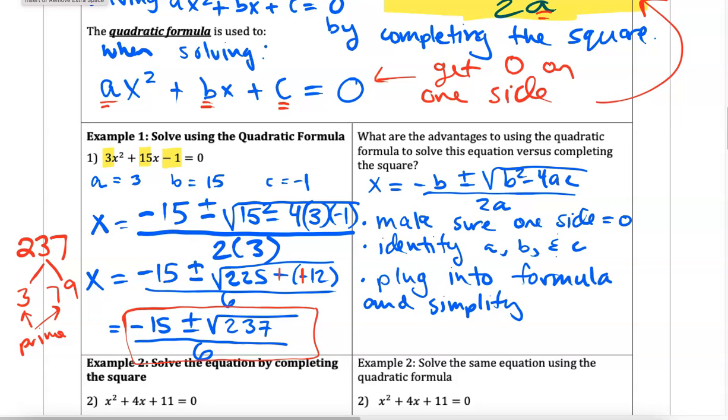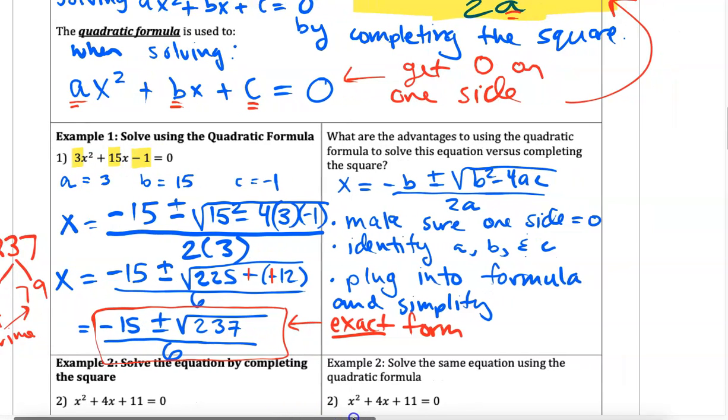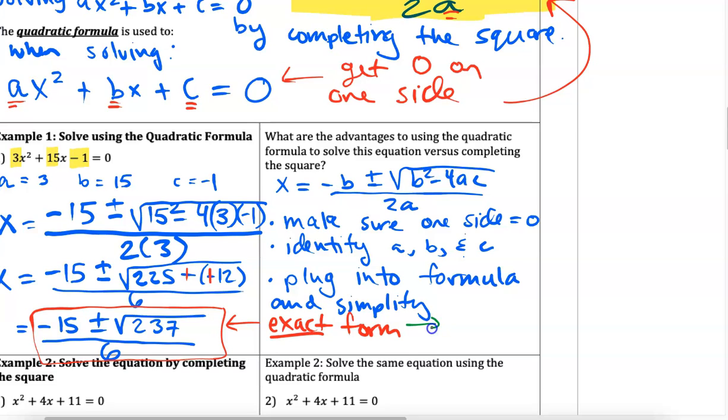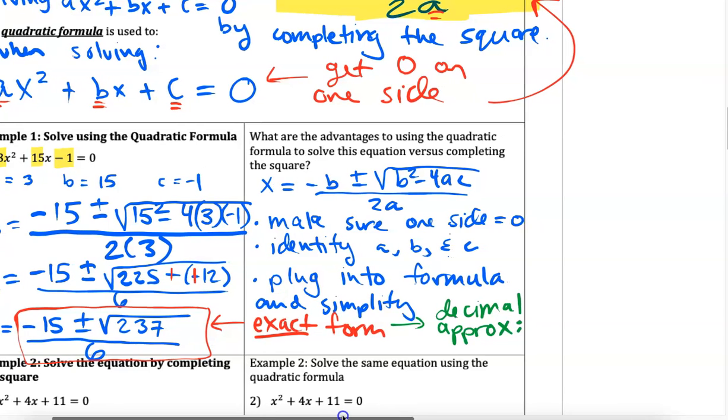Now, because we're learning this for the first time, I want to show you what these numbers are. First of all, I want to point out that this would be our solution in what we call exact form, because this is the answer that has not been rounded. But I would like to show you the approximate form, and I would like you to also find the decimal approximate form on your homework, just because you're learning this for the first time and you need to see what these values are.